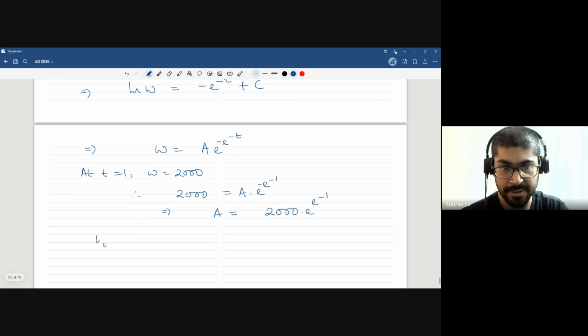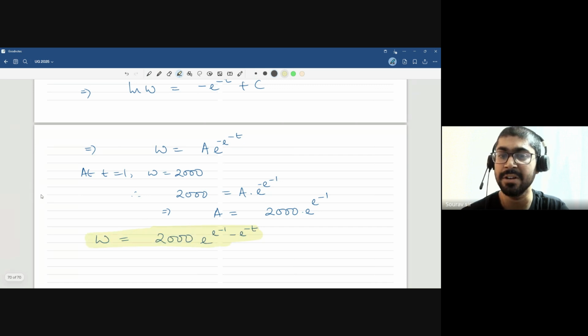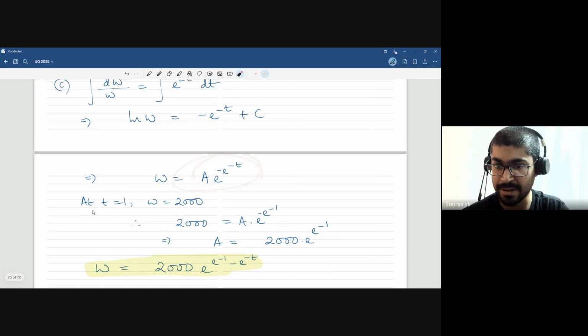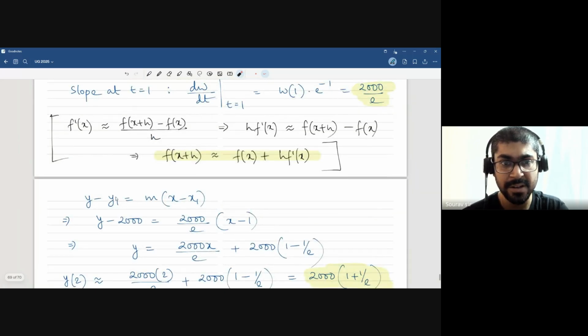Now put the value back. W will be equal to 2000 into e to the power minus 1 minus e to the power minus t. Okay, that is the final answer. So a bit complicated, but then again, these problems are meant to be complicated. It is not that the solution is difficult, but the particular solution, putting in the values and all, is a bit tricky because it's going e to the power, right? So this is a bit concerning. But anyway, we have solved this.